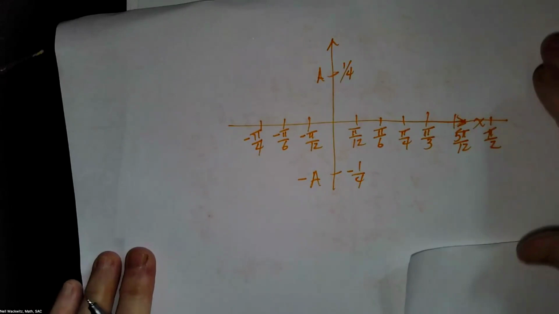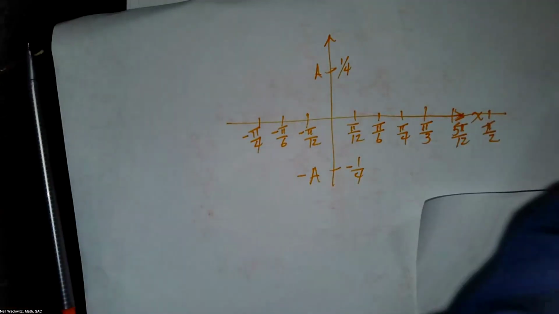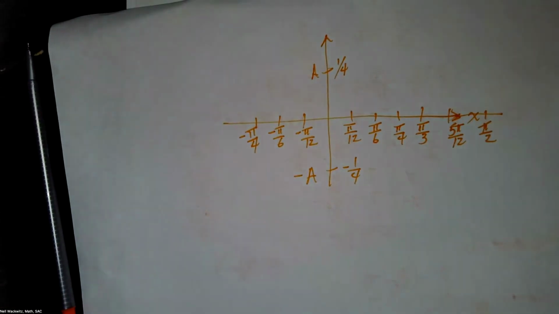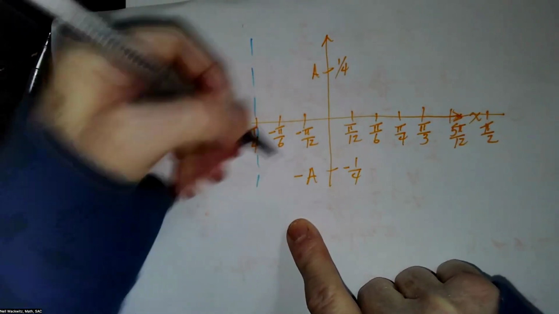This one is fun because we've got our vertical asymptotes. No longer are they symmetric with respect to the origin.